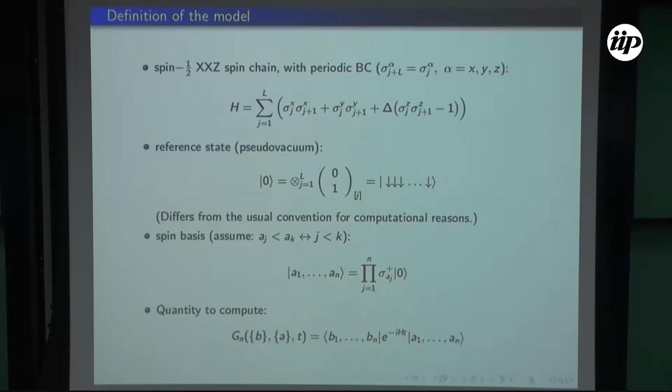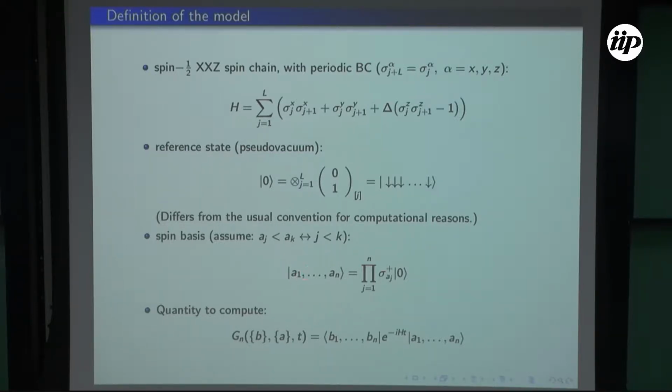Of course, all of you have probably seen this 100 times by now, but this is our Hamiltonian. We are going to use periodic boundary conditions, so we are in finite volume, and for some technical reason, which is not very important, our reference state is going to be the all spin down state, and then we denote the elements of the spin basis as such.